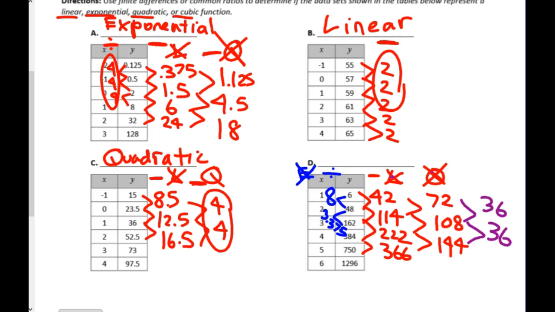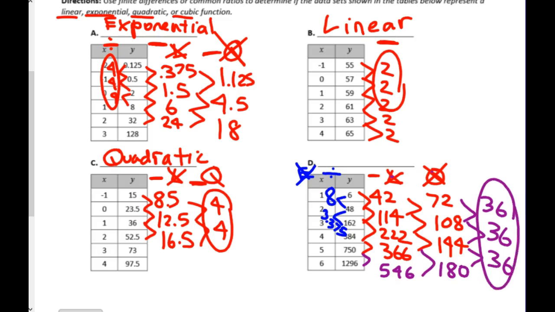And again, if you keep doing all these other ones too, okay, you get a common third difference. Common third difference is to the third power, x cubed. Okay, so this is new for today, brand new. If your third difference is the same, that is cubic.